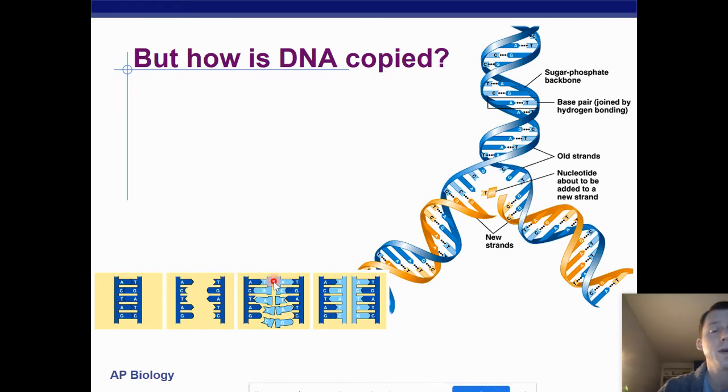This A is going to pair with the T, that T is going to pair with an A, and so on down the ladder until we end up with 2 pieces of DNA from 1. So this 1 piece of DNA became 2. And look, are they the same?